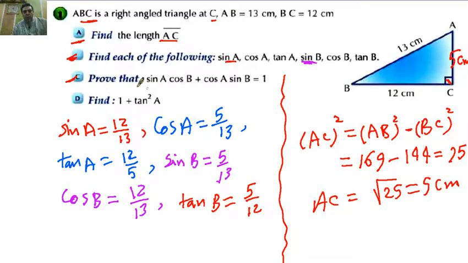Number C, prove that sine A cosine B plus cosine A sine B equals 1.